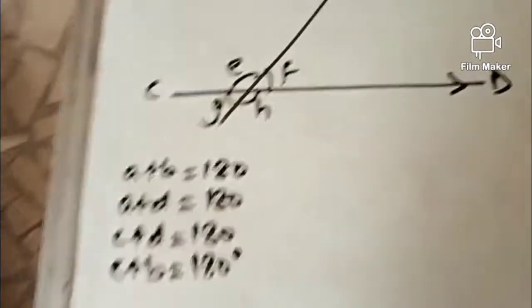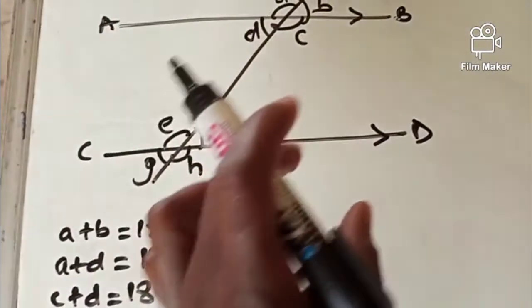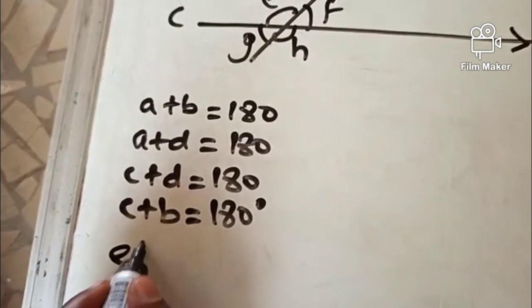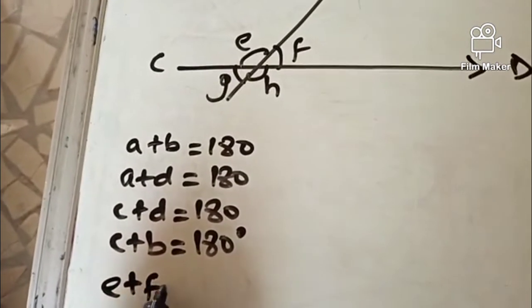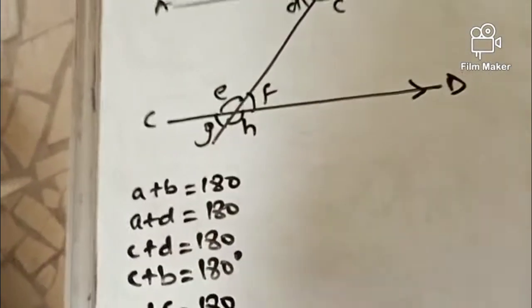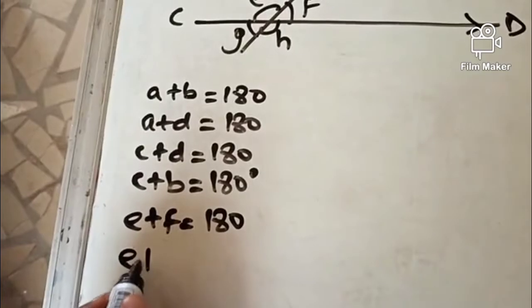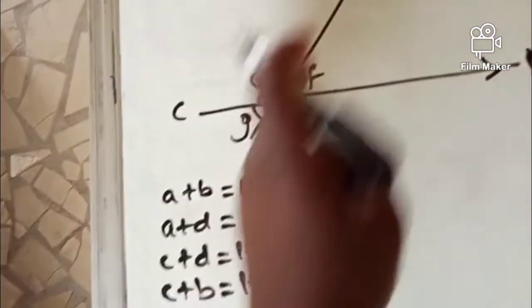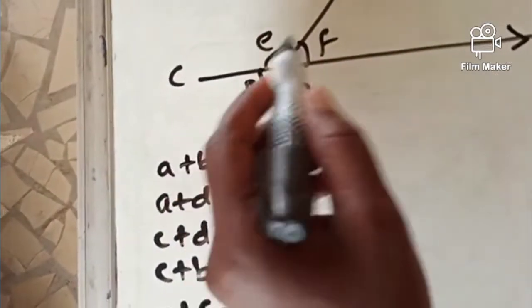Then if you look at it very well, on the second straight line, which is CD, we also have E and F. Angles on a straight line, the sum is 180 degrees. Another one is E and G. Their sum is 180 degrees. Angles on a straight line, you can see on this straight line, they are on the transversal.